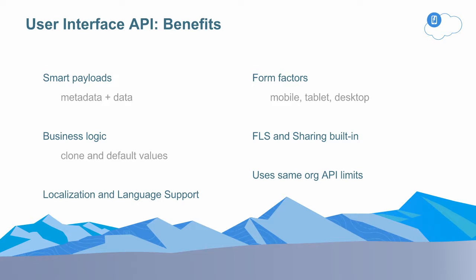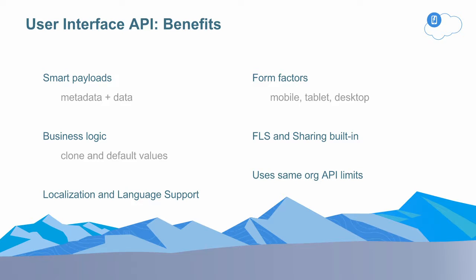Why do we need user interface API? And just to highlight, a lot of the reasons are captured here, because we are taking the things that we know every UI developer needs to do, and we're doing it for you. And this is the same API that our feature teams use to build their applications on top of Salesforce.